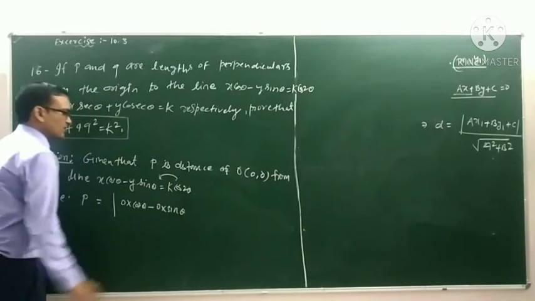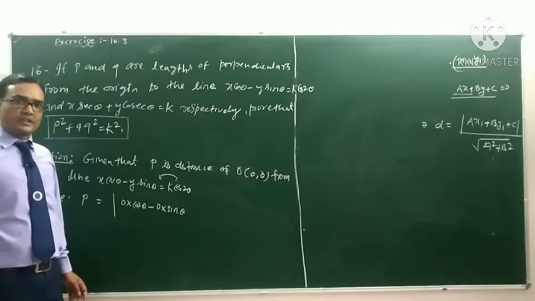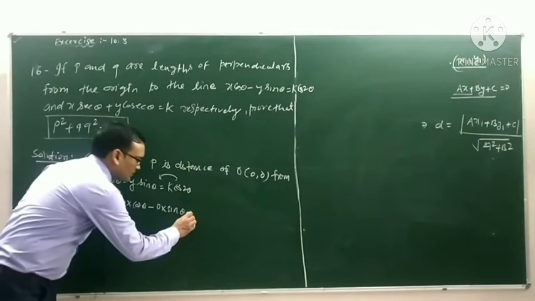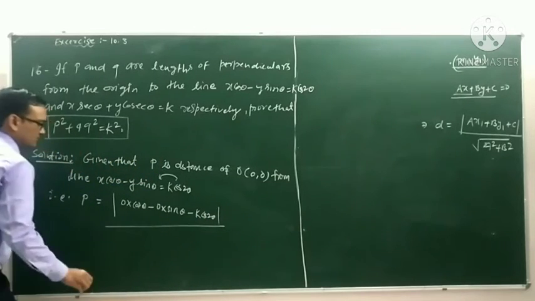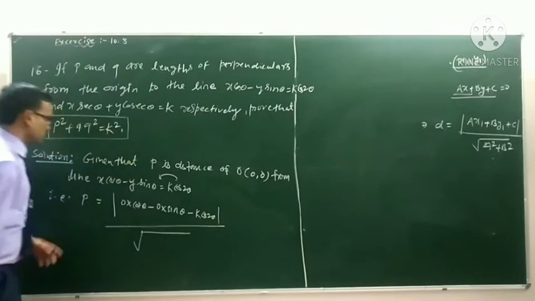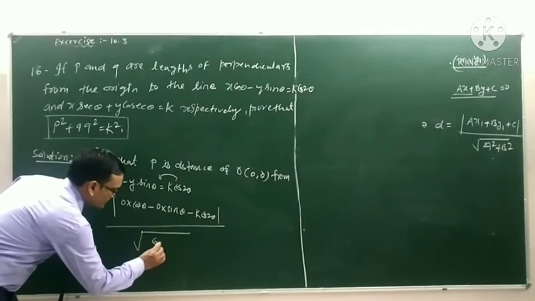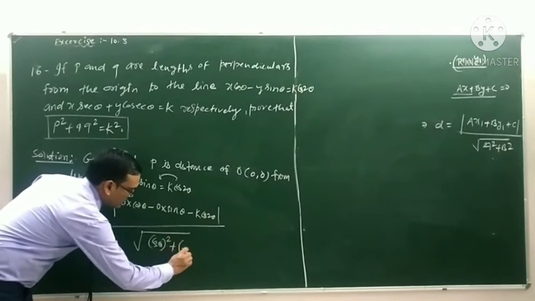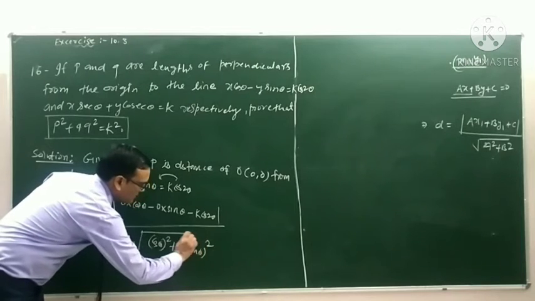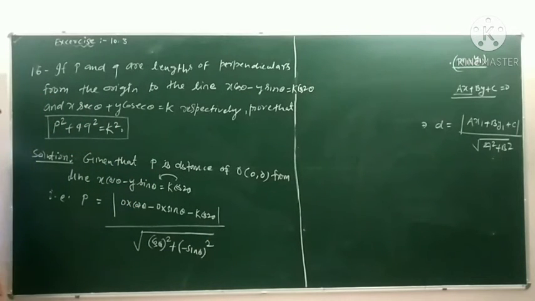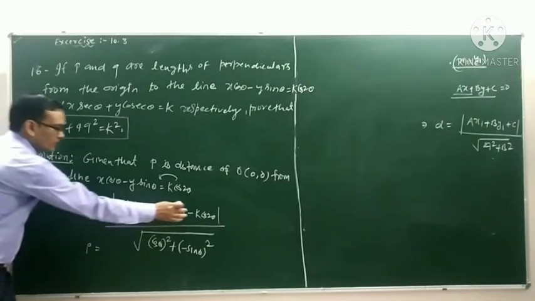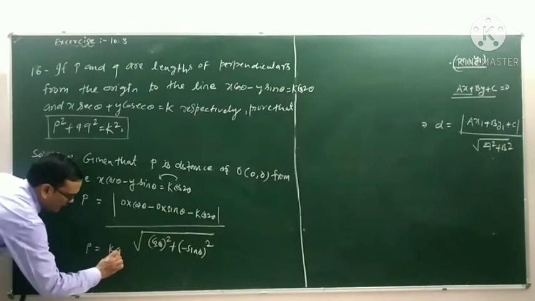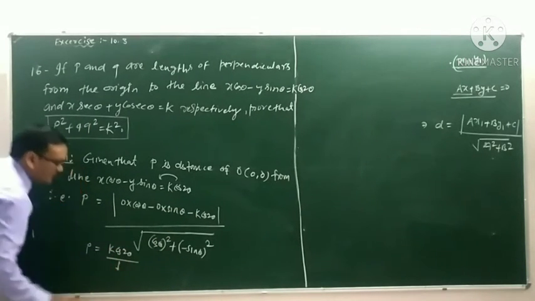We transfer k cos 2 theta to the left hand side, that means minus k cos 2 theta upon square root of cos square theta plus minus sin theta whole square. Okay students, this implies that p equal to k cos 2 theta upon 1.